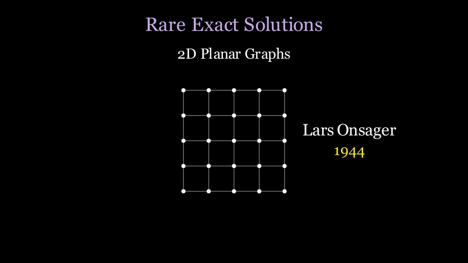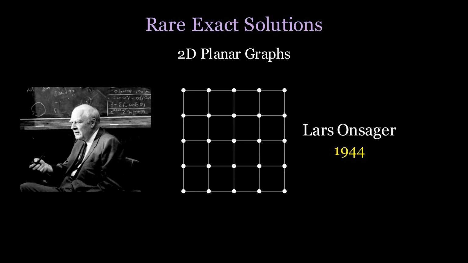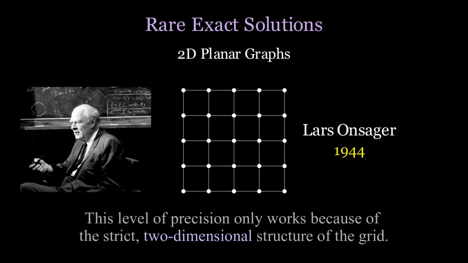In a landmark 1944 paper, Lars Onsager unveiled a stunning analytical solution for these systems. But that level of precision only works because of the strict two-dimensional structure of the grid. The moment we move into 3D or allow more complex connectivity, an exact solution once again slips out of reach.